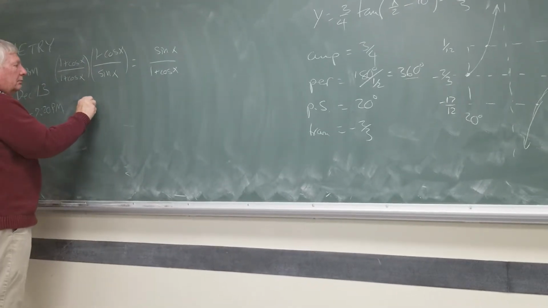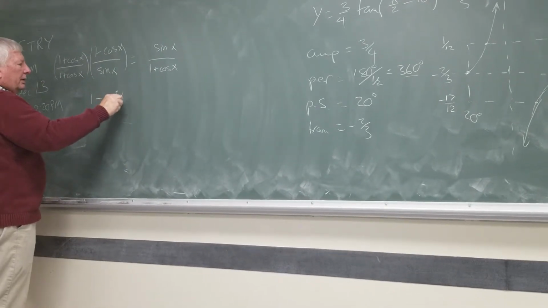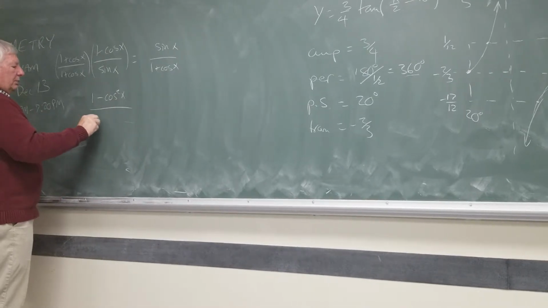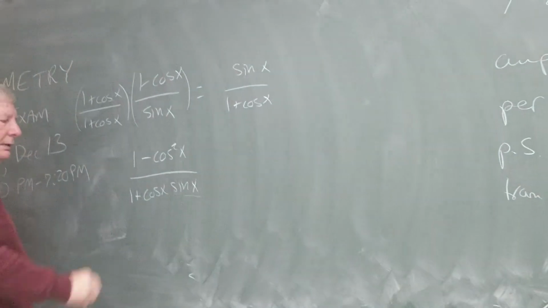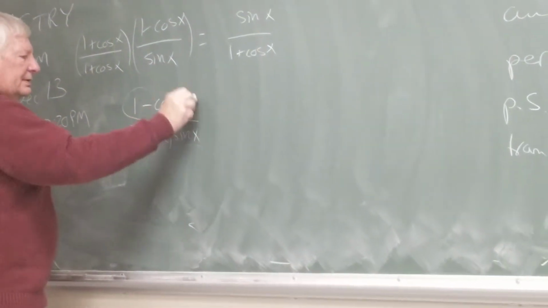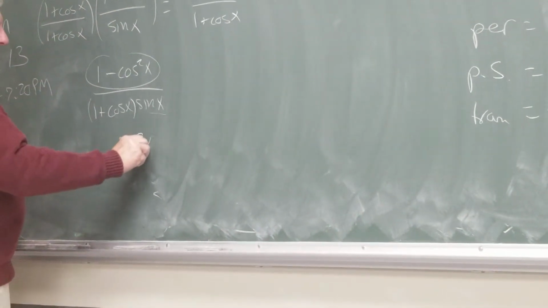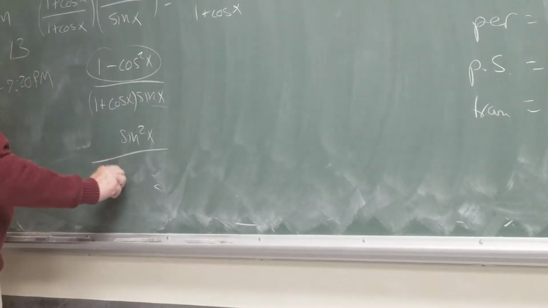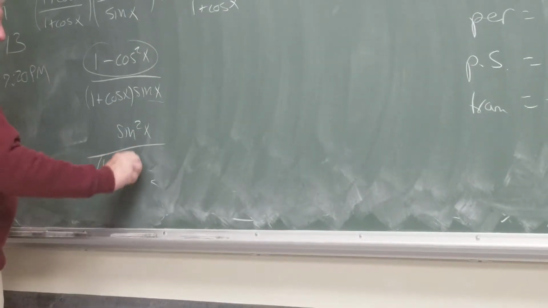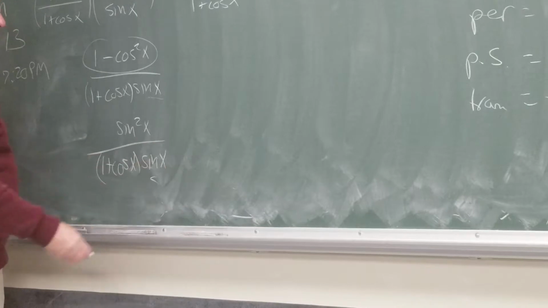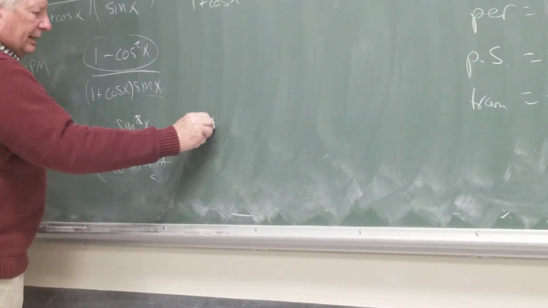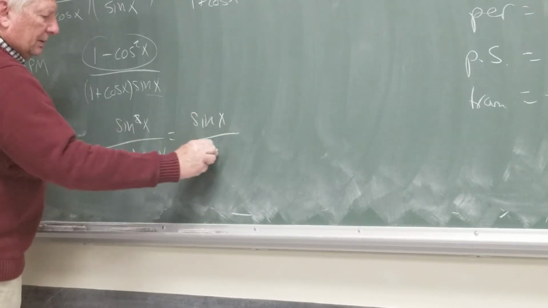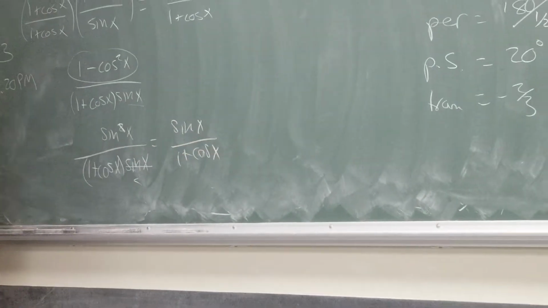I get 1 minus cosine squared x over 1 plus cosine x times sine x. This is sine squared x over 1 plus cosine x times sine x. One of the sine x's divides out, leaving sine x over 1 plus cosine x.